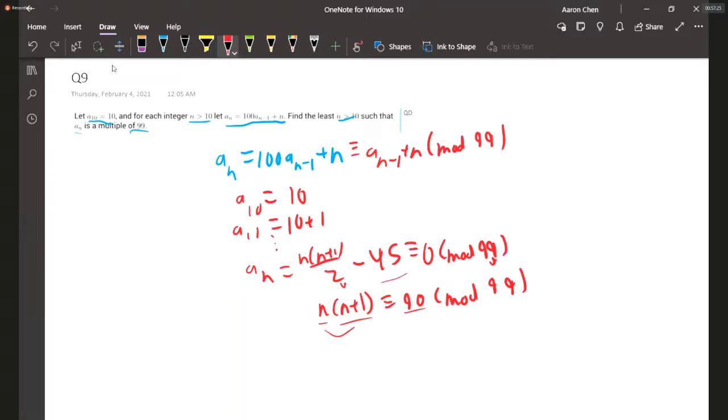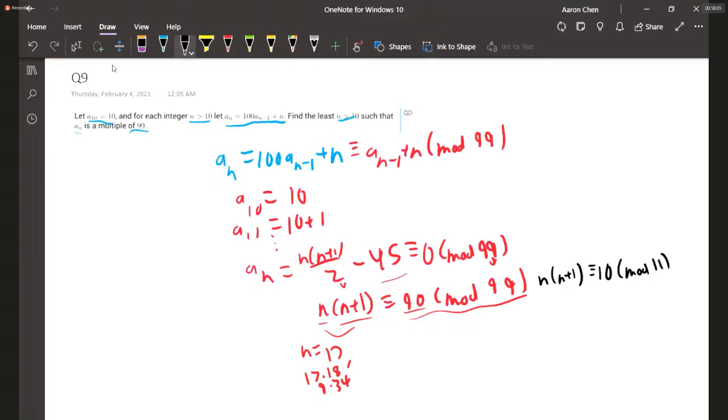So for n greater than 10, the first value of n is n equals 17. And so for 17, you have that this is equal to 17 times 18, which is 9 times 34. And if we divide this by 9, we can see that n times n plus 1 also needs to be congruent to 10 mod 11.